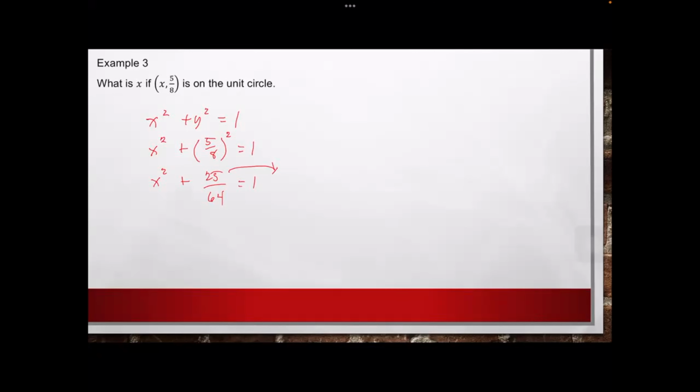We have x squared is equal to 1 minus 25 over 64. What is 1 minus 25 over 64?